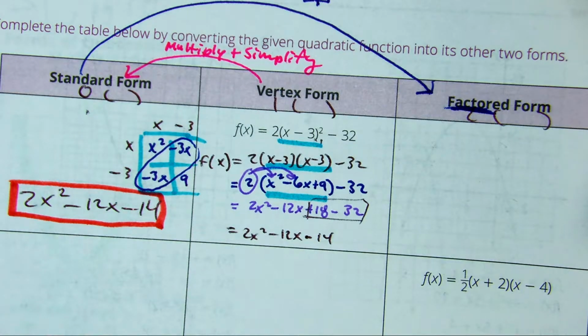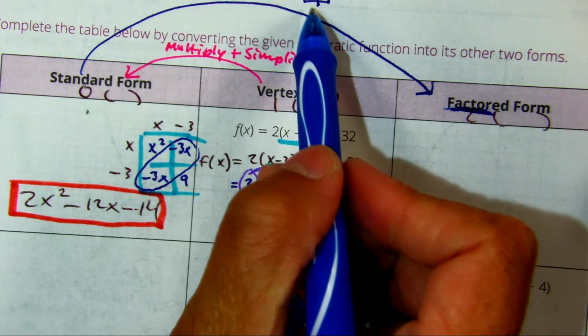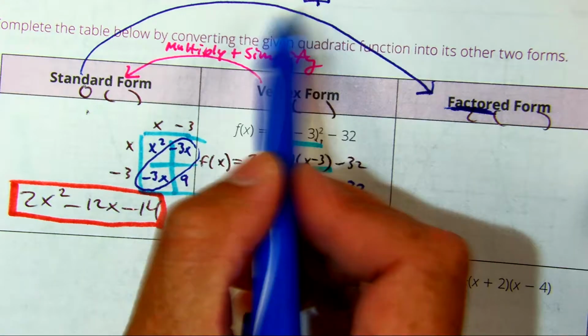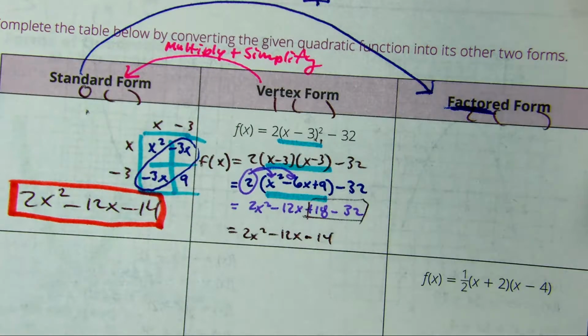Okay? Now, before you do that, there are 3 letters. Partner B tell partner A, what do you think those 3 letters are before we factor? Adeline, what are those 3 letters?